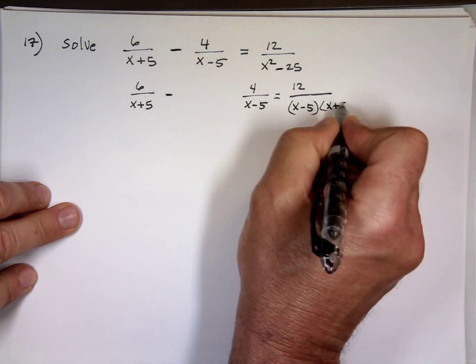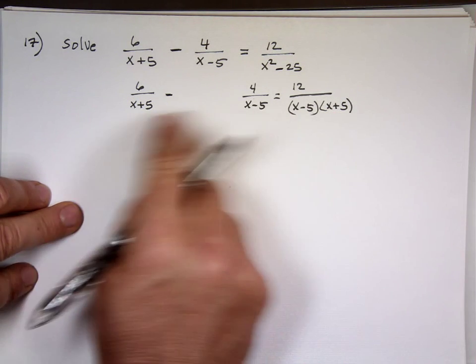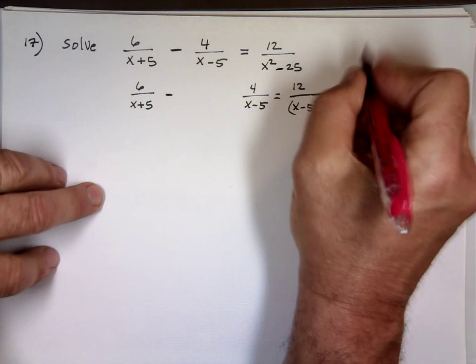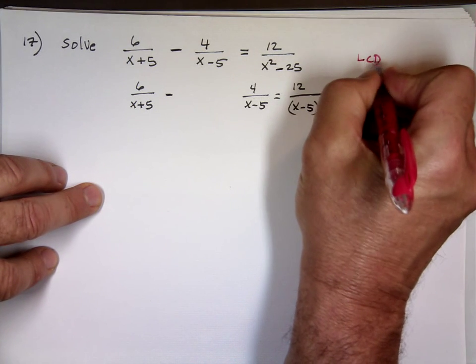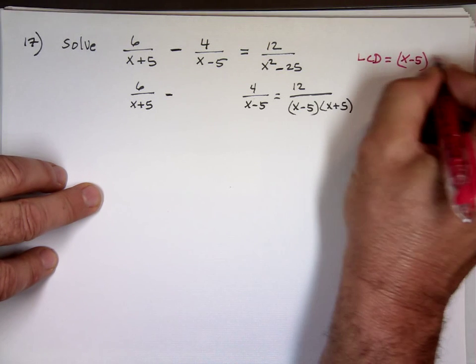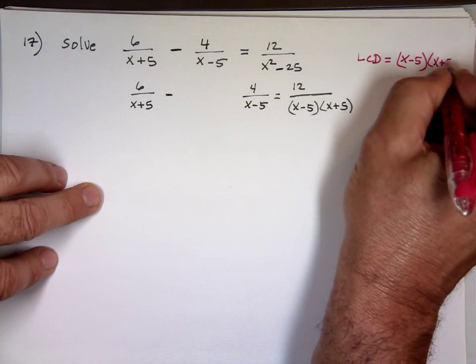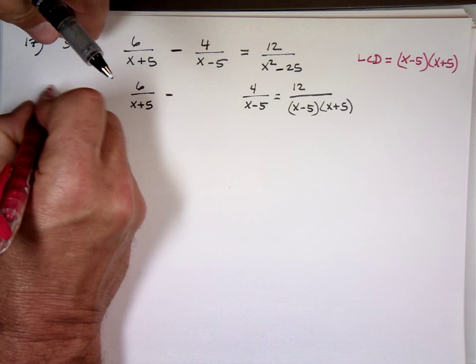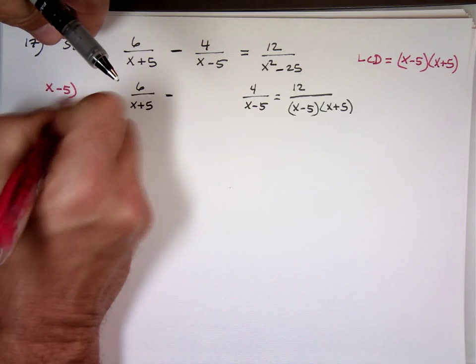So when you look at these 3 fractions, you can see my LCD is the multiplication of the different factors. So it's really x minus 5 times x plus 5. That's what the LCD is. So what I'm going to do here, multiply every one of them by x minus 5, x plus 5.